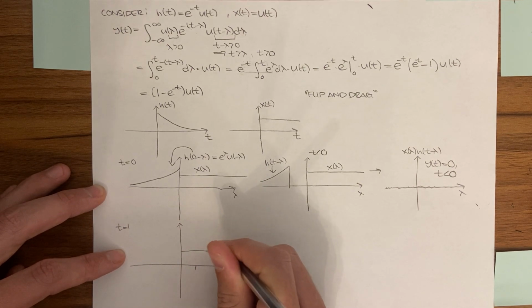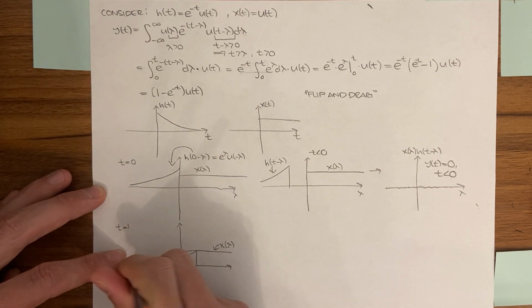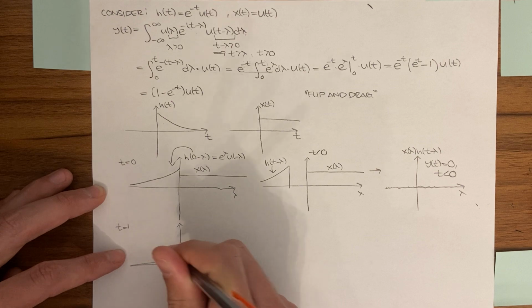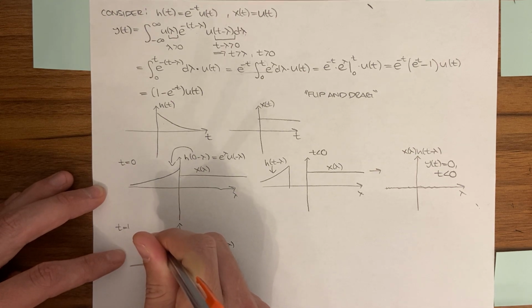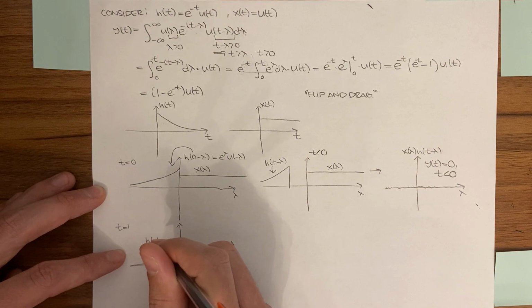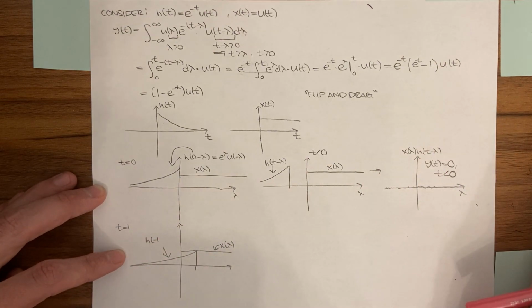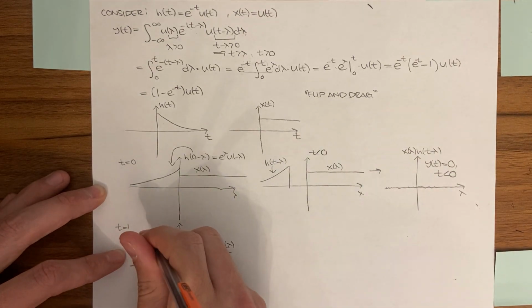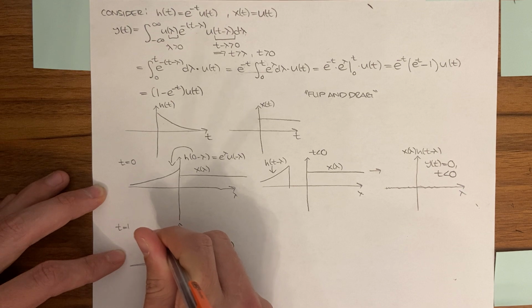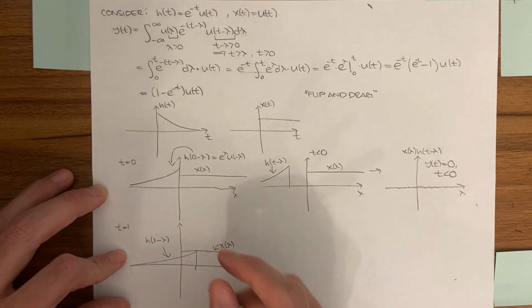This is x of lambda, which never changes. And this is h of 1 minus lambda. So it gets shifted rightward once.